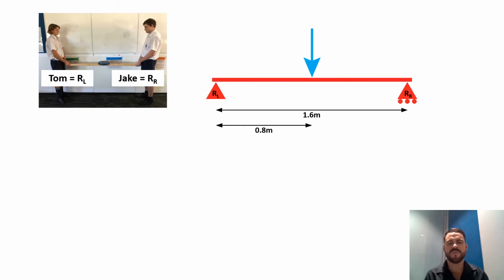Now, I said before, I want you to think about that word reaction and what that really means. So if we've got a pushing force coming from one side and it's pushing against something, if the system is going to be in equilibrium, there needs to be a reactive force acting against it in the other way. So think about Isaac Newton's third law. For every action, there must be an equal and opposite reaction.